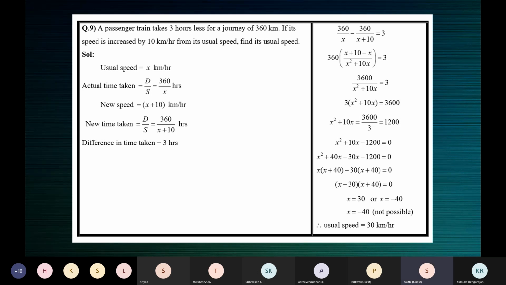Yes, x is equal to 30, ma'am. Yes, x is 30 or minus 40.